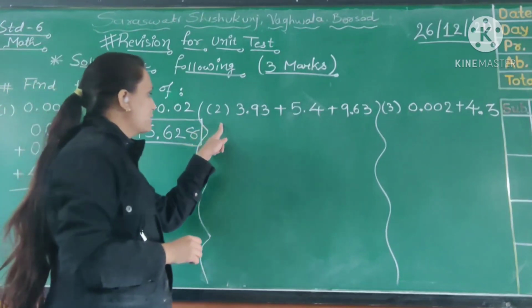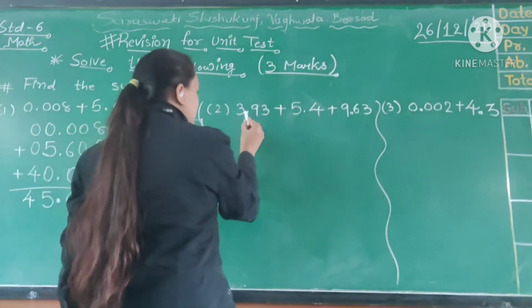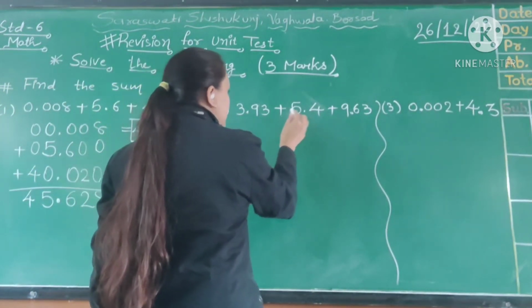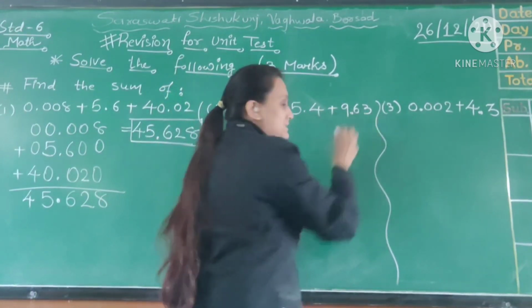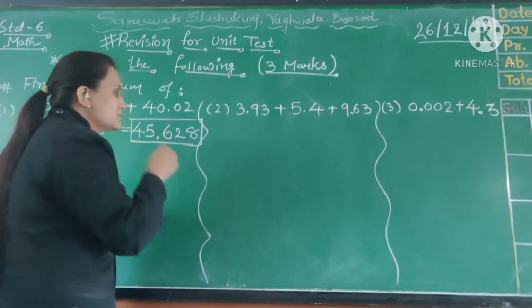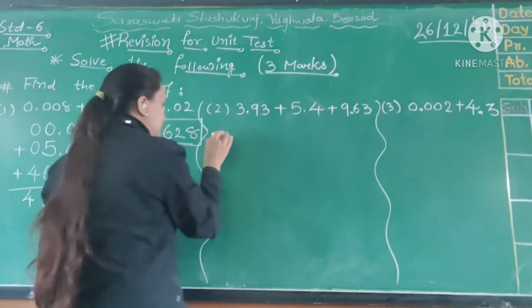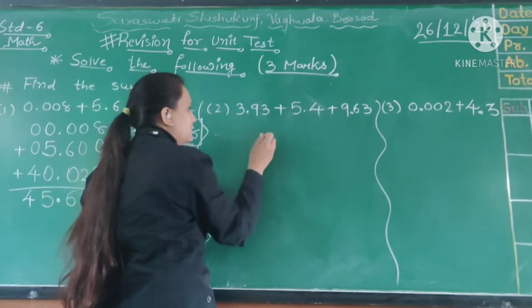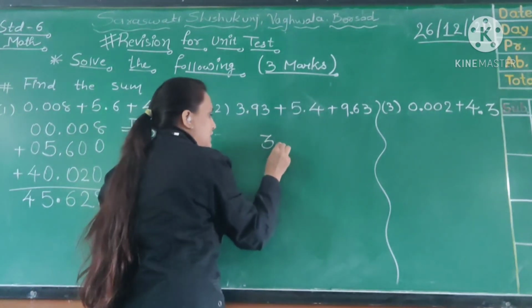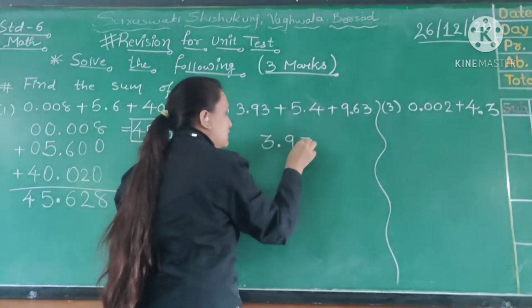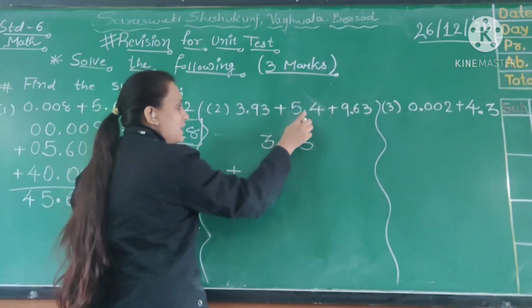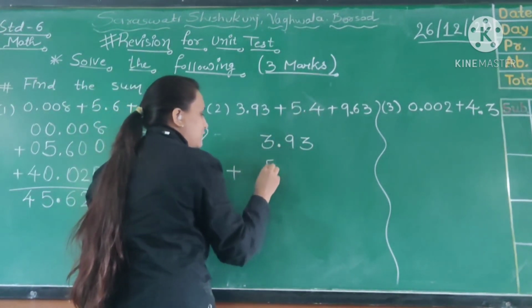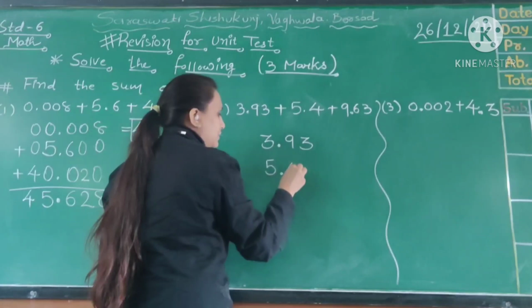Now the second number is 3.93 plus 5.4 plus 9.63. So let us start the addition the same way. 3.93 plus the second number 5.4.